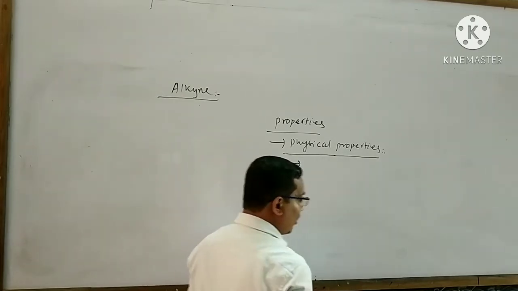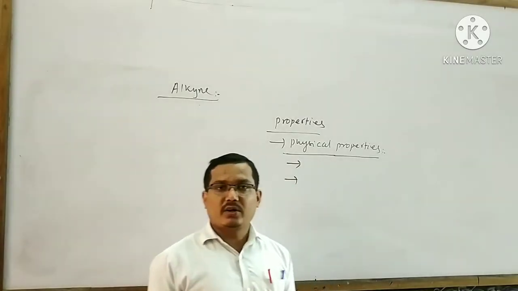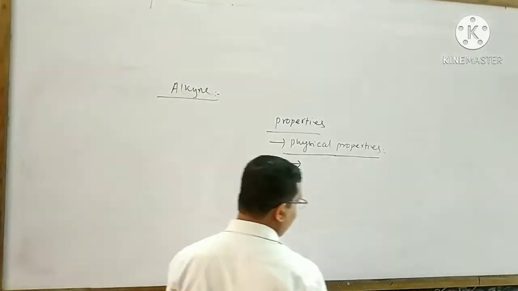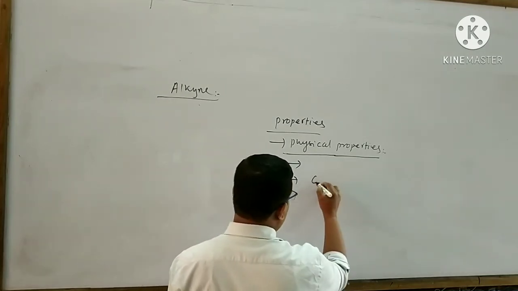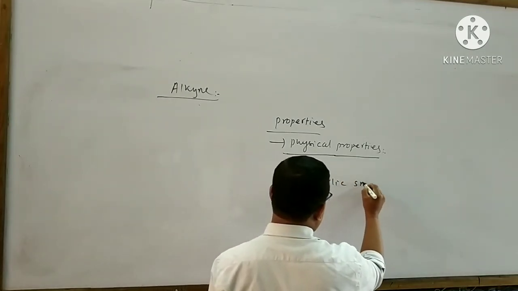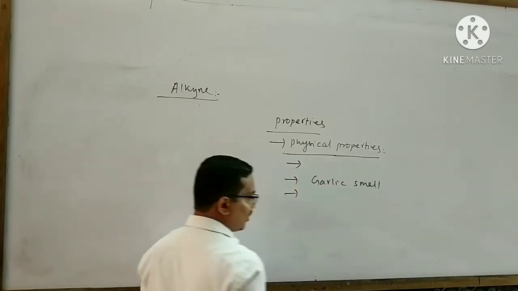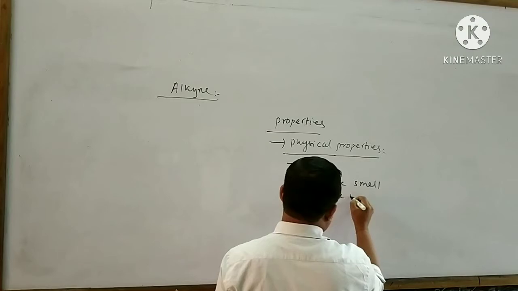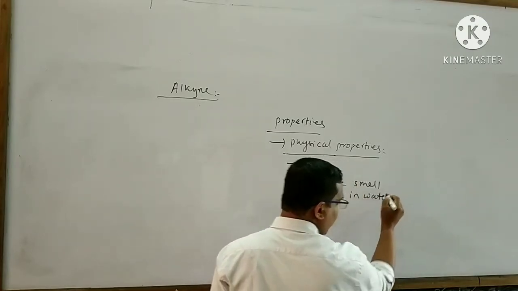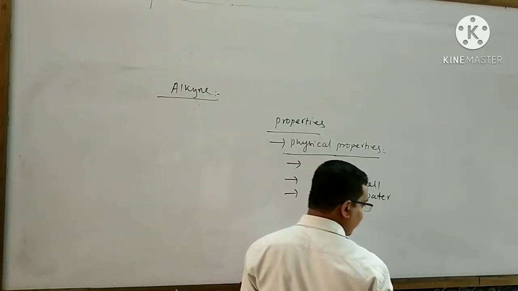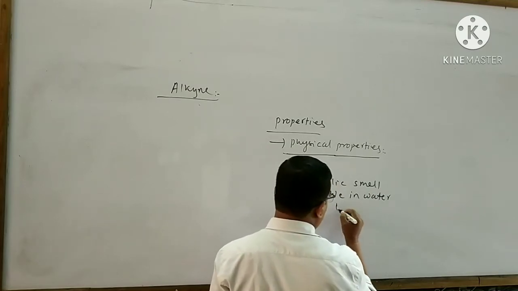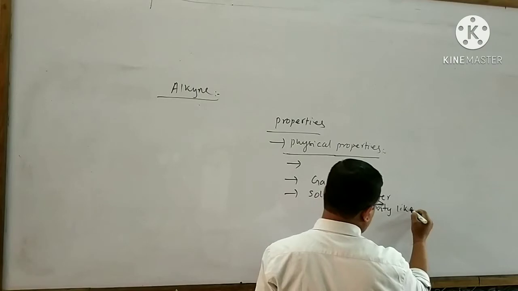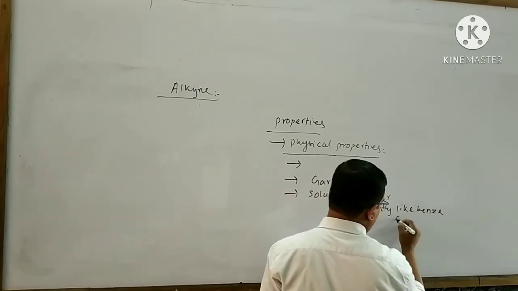Second point, all the alkynes are colorless and odorless, but acetylene has a characteristic garlic smell. Next point, they are slightly soluble in water but are more soluble in solvents of low polarity like benzene and CCl4.